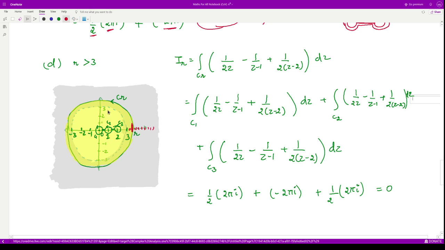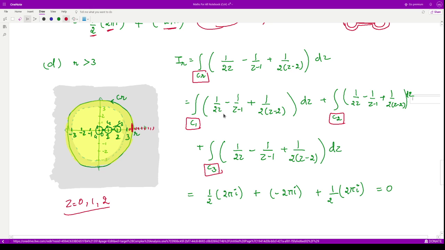Basically this yellow portion is our domain, and here it is multiply connected because z equal to 0, 1 and 2 all lie inside this region. So we have to convert this triply connected region to a simply connected region by creating 3 circles, say C1, C2, C3, and joining them by 2 lines, L1 and L2, so that our region CR now converts to C1 plus C2 plus C3.